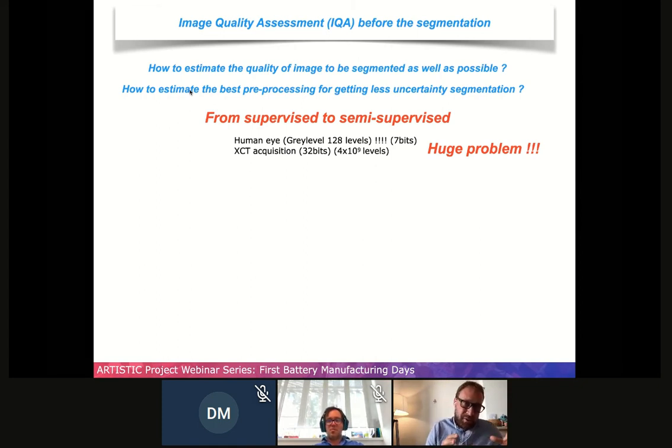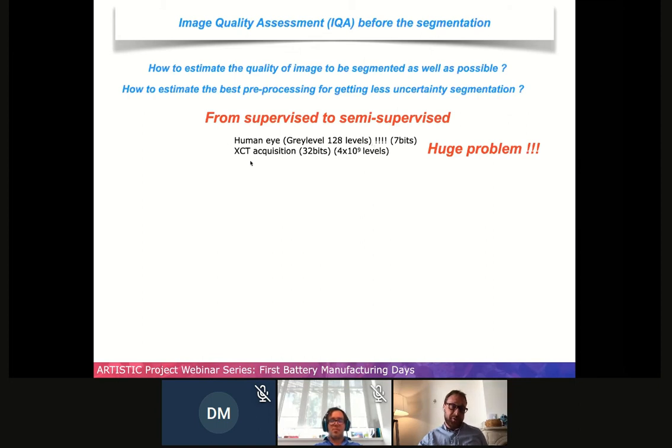It is possible to switch from supervised to semi-supervised, and we can point out another aspect, which is a huge problem. This is the human eye. You ask a human to make a labeling, but the gray level of the human eye is about 128 levels of gray, which is very low.